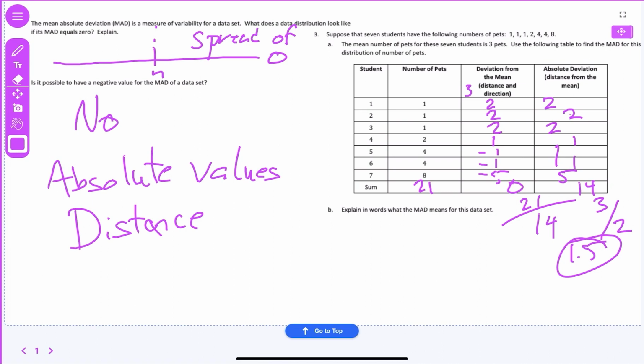So if I asked you, what's the mean, or what is the typical value of these pets, what would you say? It's 3. Then if I said, well, where are the majority of those pets going to fall? Give me an interval. What would you say? You could say 1.5 what? From the mean. But if I say give me an interval, what would you say?